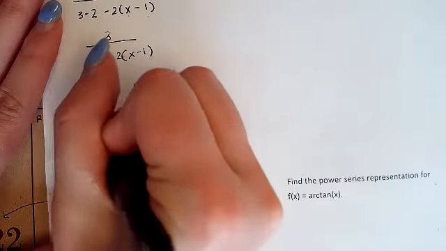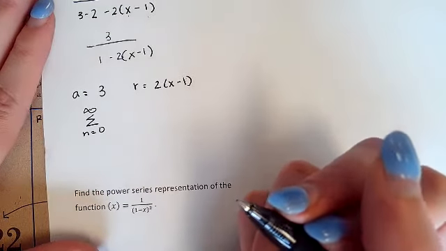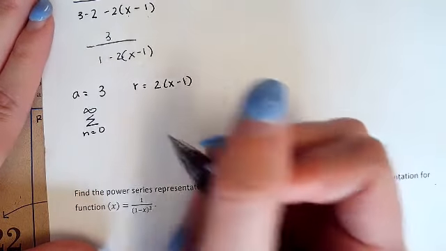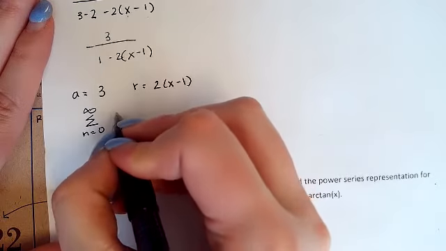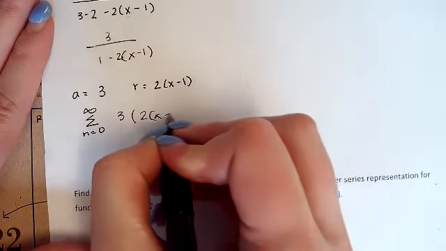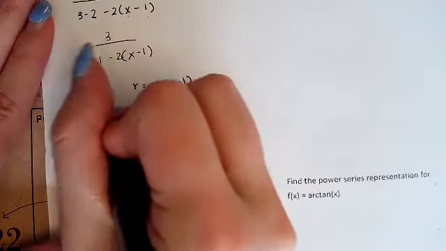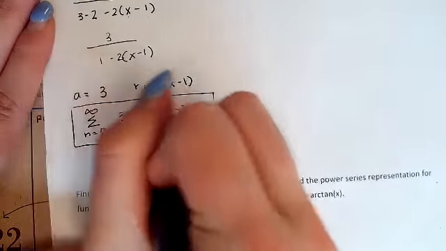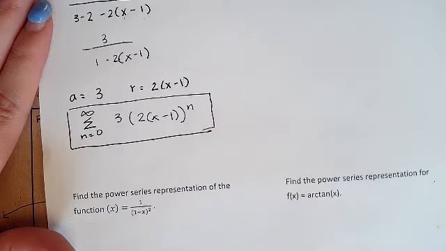So our geometric power series is the sum of 3 times 2 times x minus 1 to the n. In case you were wondering, you would not want to multiply the 3 by the 2.